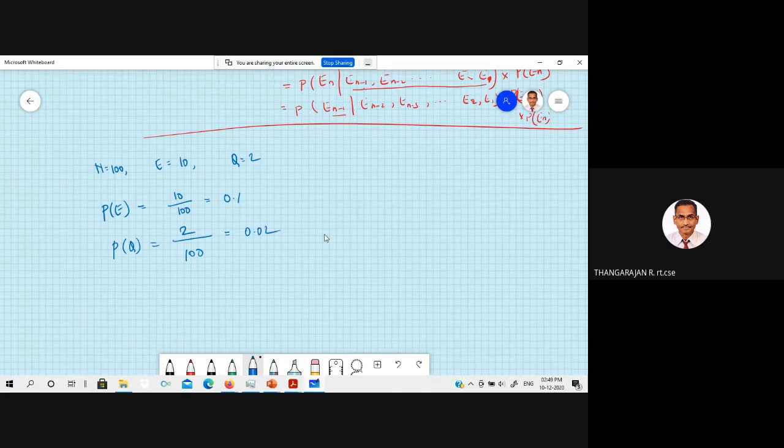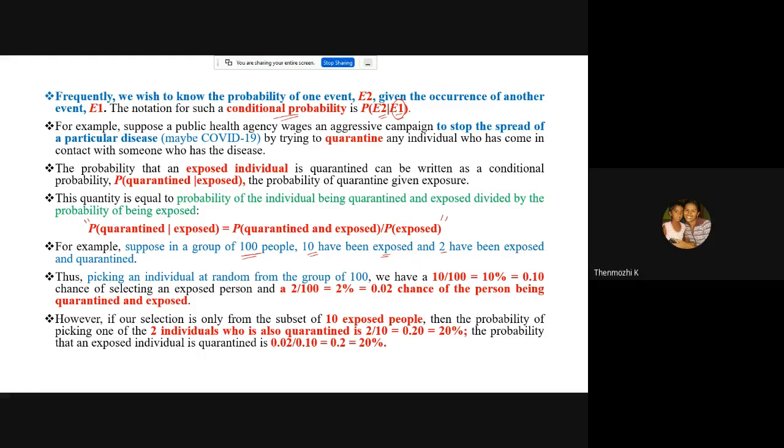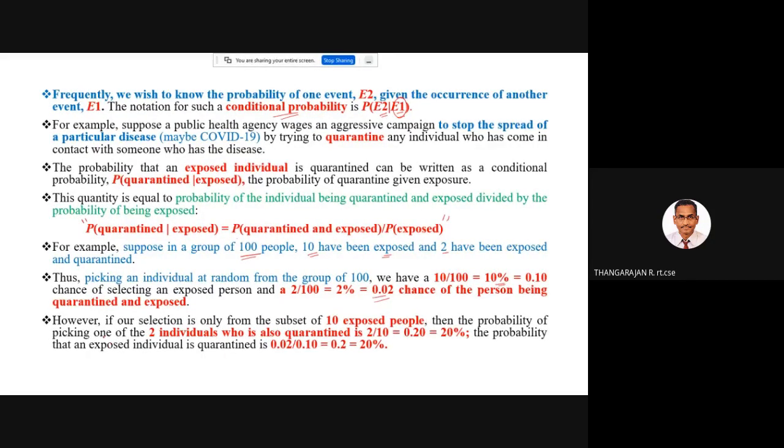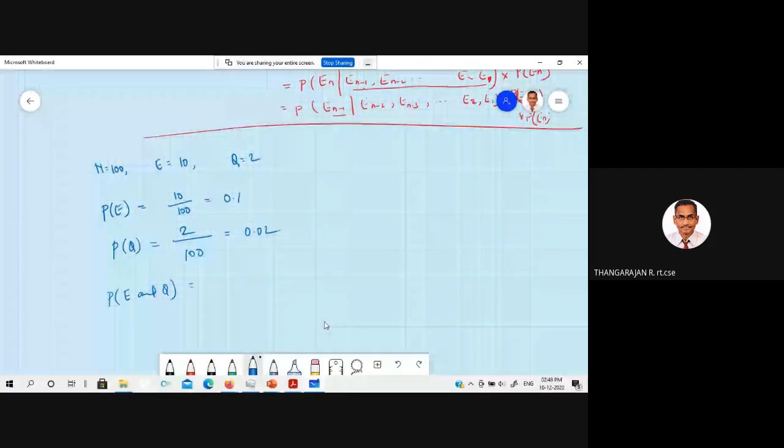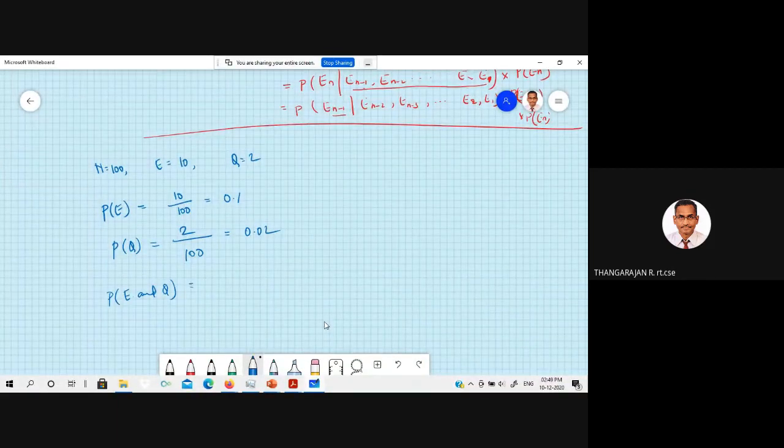Okay, now I want to have a probability. What is the probability that a person is exposed and quarantined? So that's what I think the problem is. We know this is 0.1, and this is 0.02 chance of occurring. However, if our selection is only from the subset of 10 exposed people, then the probability of picking one of the two individuals is what we need.